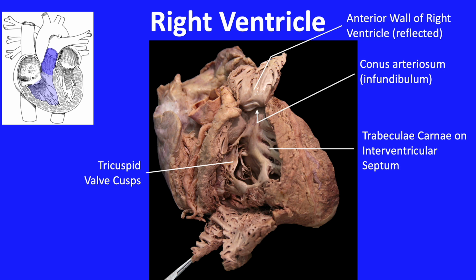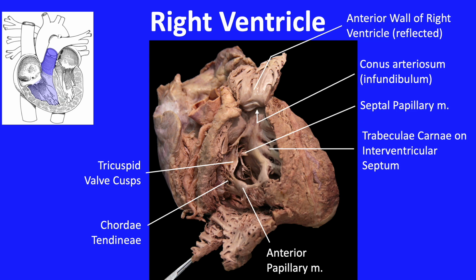The cusps of the tricuspid valve are attached to papillary muscles by way of the bands called the chordae tendineae. Oftentimes, three papillary muscles can be discerned: the anterior, the septal, and the posterior papillary muscles.